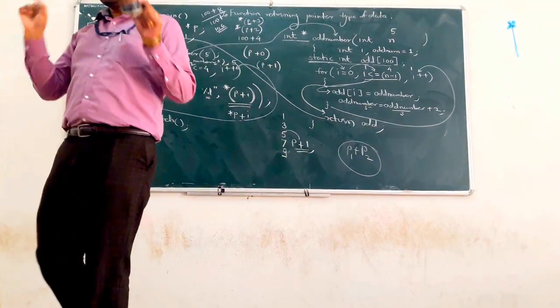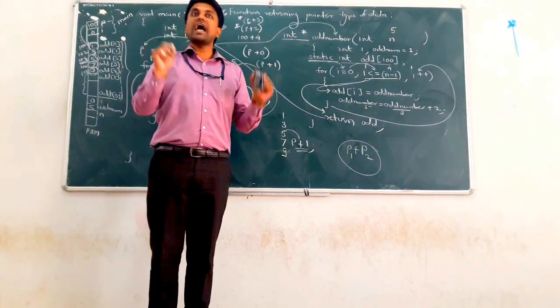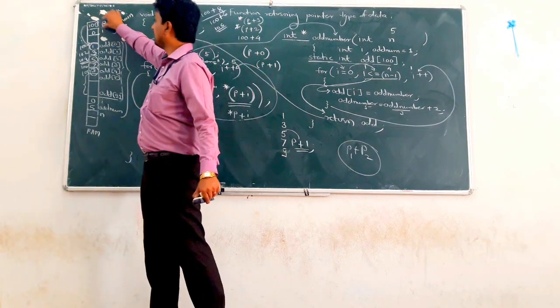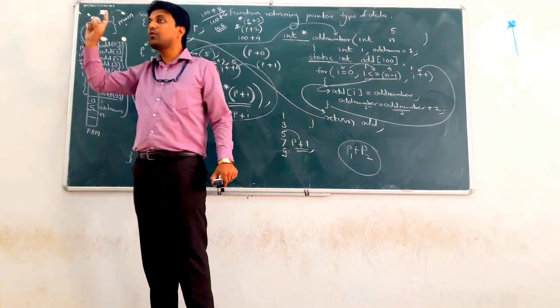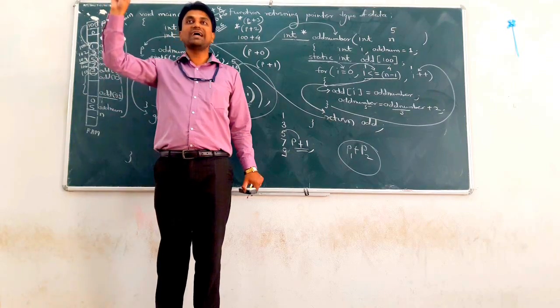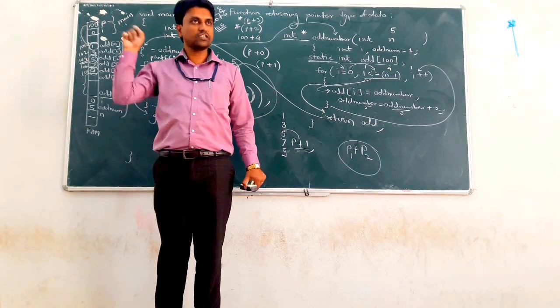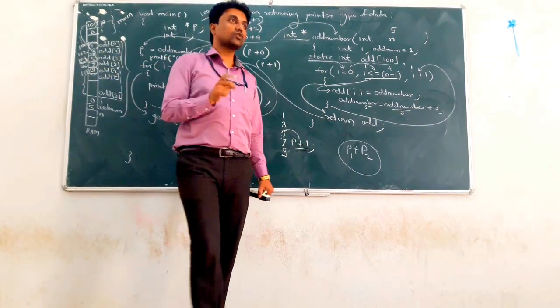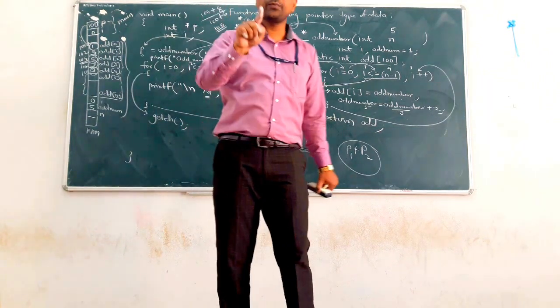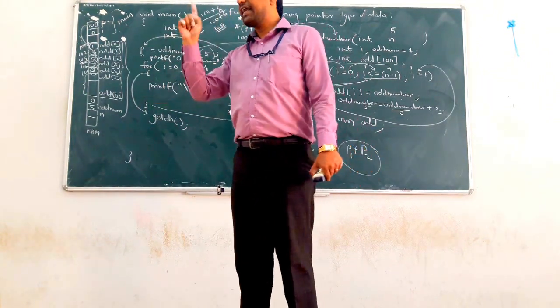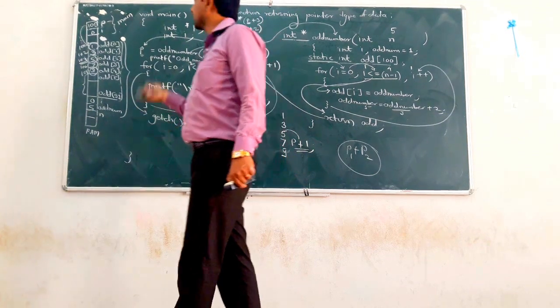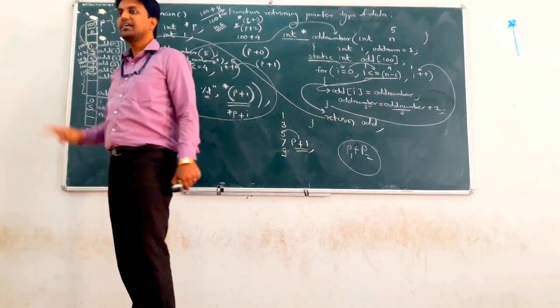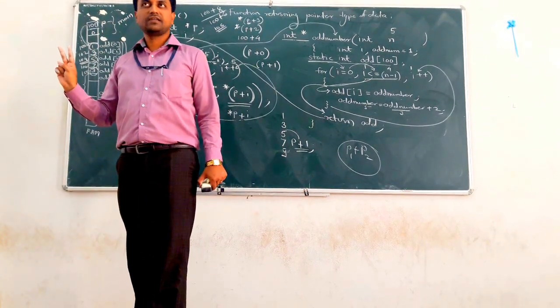Clear? The next point is that every pointer type of variable requires only 2 bytes for storage on the RAM. How much space does it require? Only 2 bytes, whether it is an int pointer, float pointer, or character pointer. Every time the pointer requires only 2 bytes.